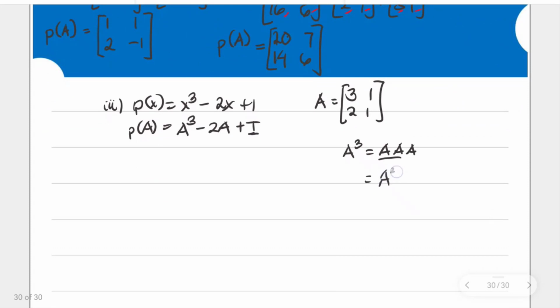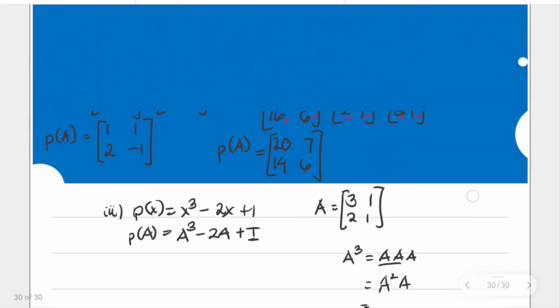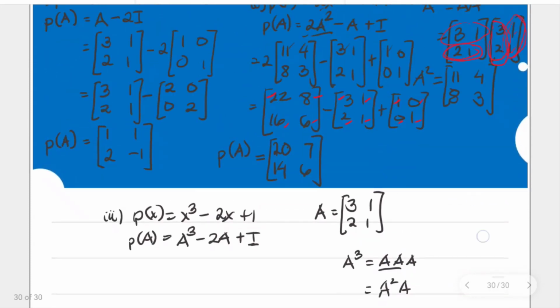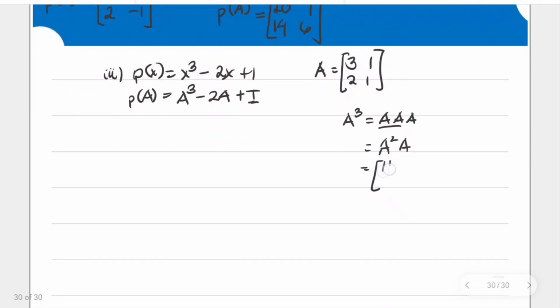That's A squared times A. So A squared times A is 11, 4, 8, 3, to be multiplied with 3, 1, 2, 1. Whatever be the result here, that would be our A cubed, and substitute here in our process.